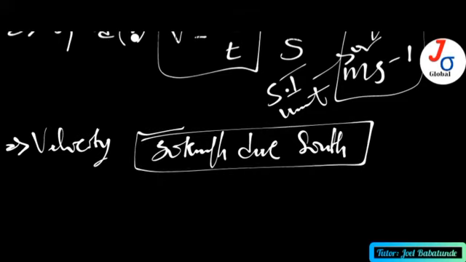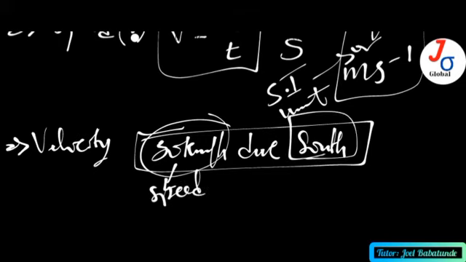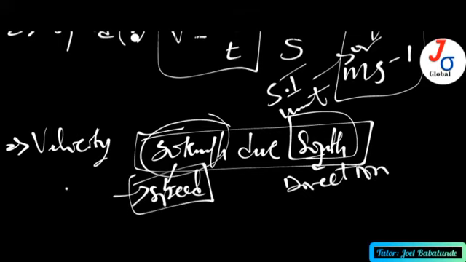Why? Because it has magnitude. This is speed. This is speed moved in a specific direction, south. This is direction. Now that means it's telling me how fast I should go in a specific direction. This is magnitude.